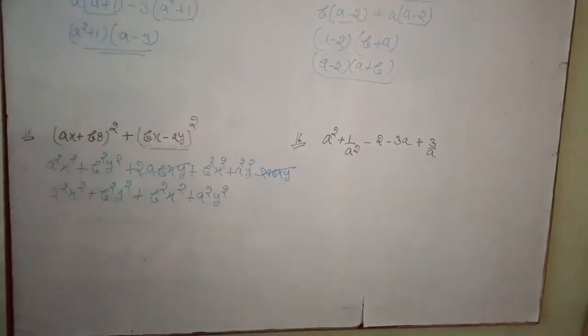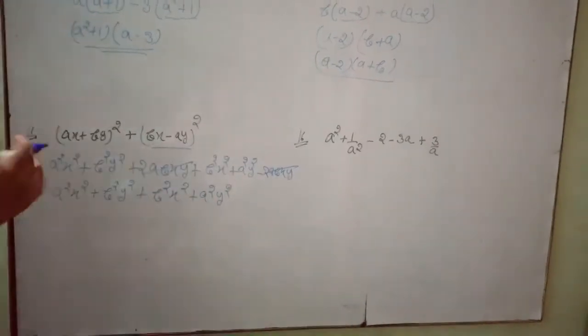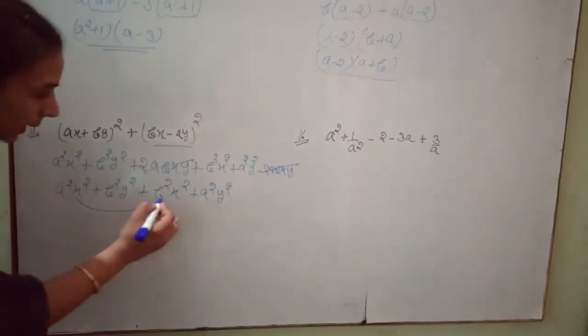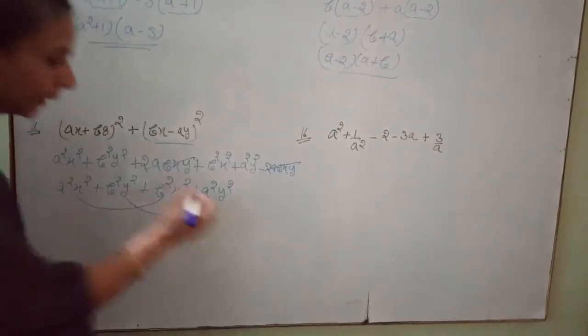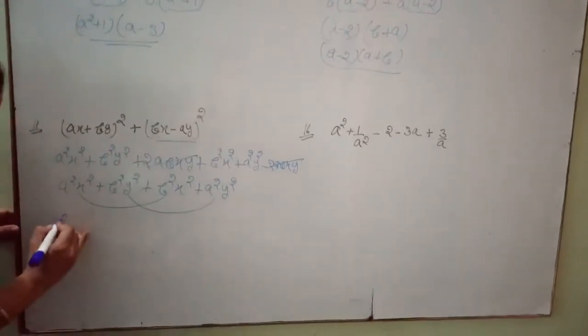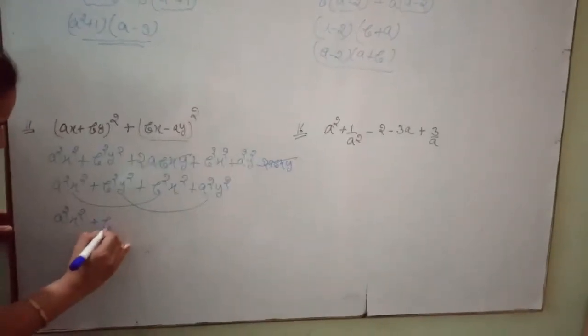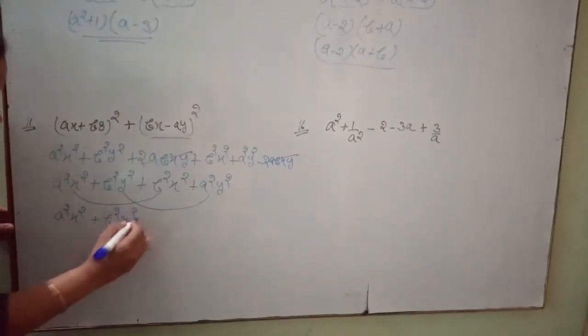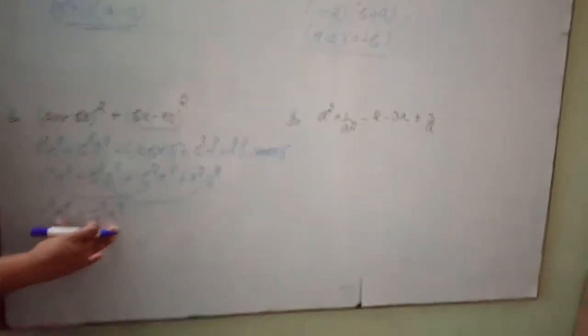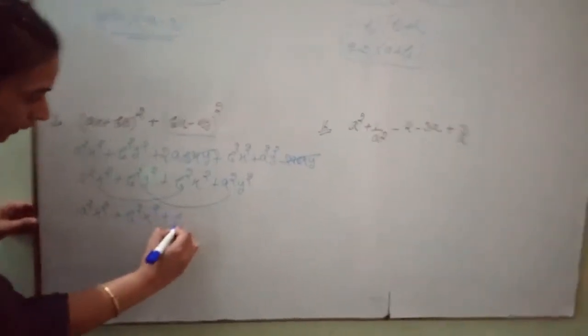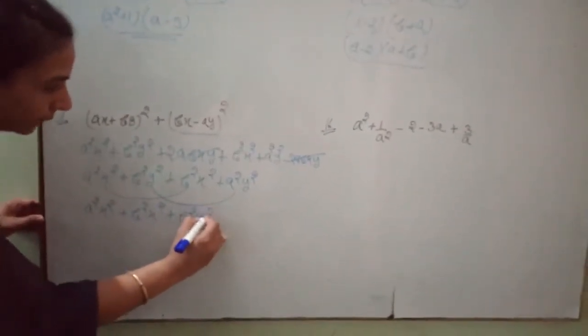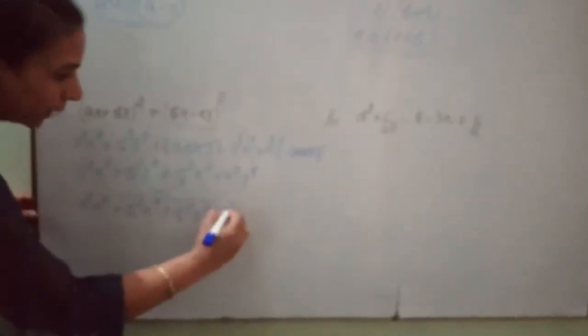First we make groups. We take the first and third, and the second and fourth terms. First term a square x square, third term plus b square x square, because in these two terms x square is common, again plus second term b square y square plus a square y square, and in these terms y square is common.